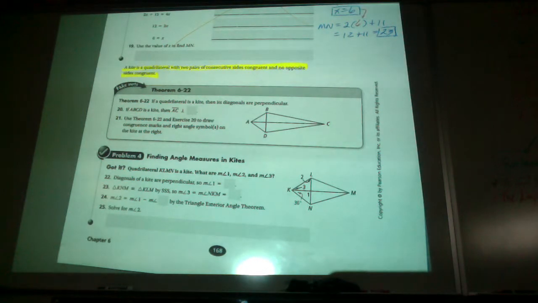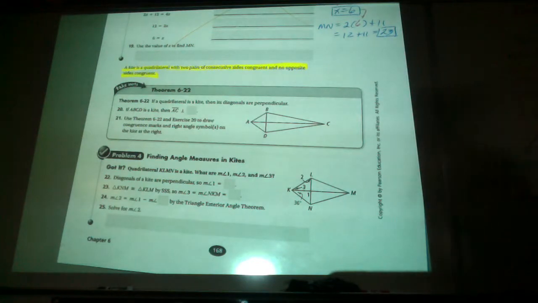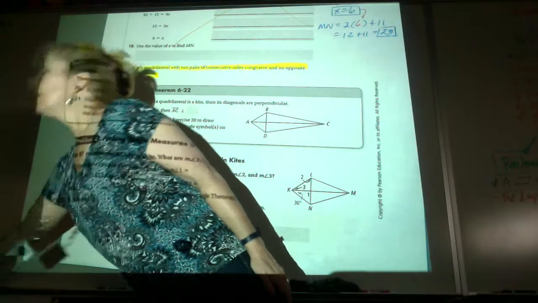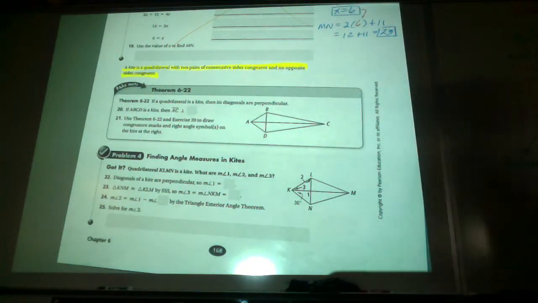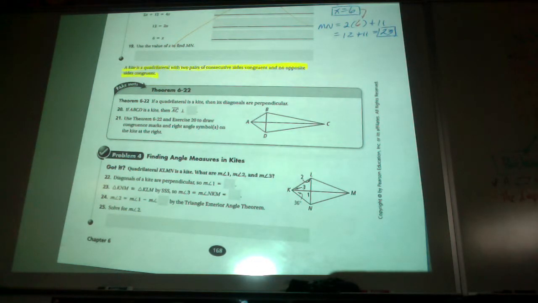So on our visual display over here, we're going to add one more. And it is not part of the trapezoid family. It is, grab a blue pen, it is just a quadrilateral. So you've got your kite as part of the parallelogram family. And then its definition.